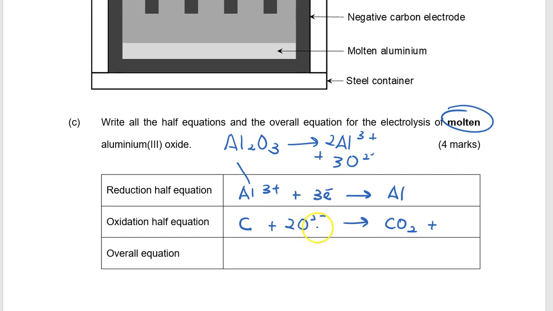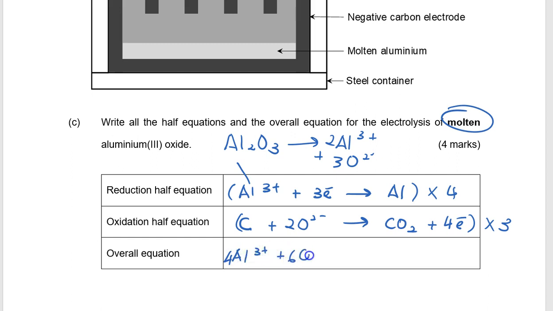You have 4 negative charges, so you have to add 4 electrons here. And to balance the equation, you'll have to multiply this by 4. You have to multiply this by 3, and you'll end up with, okay, done. Next question.